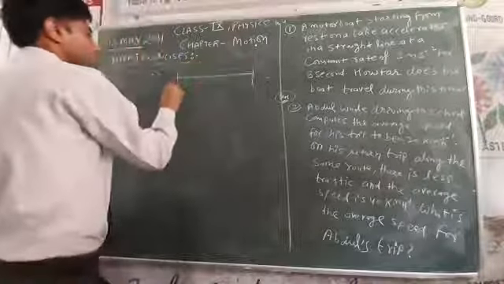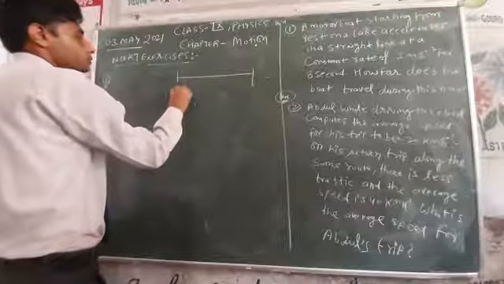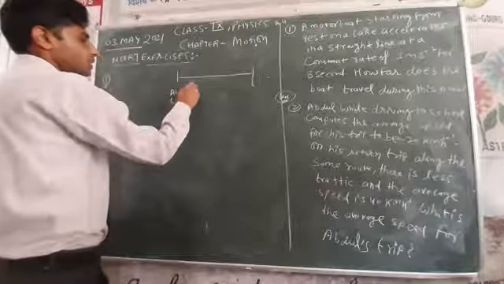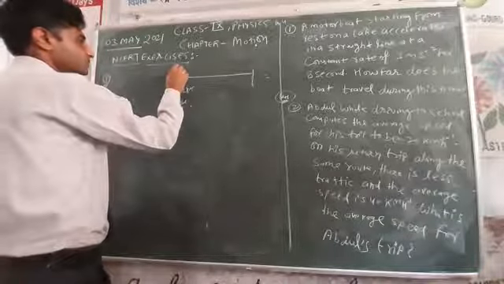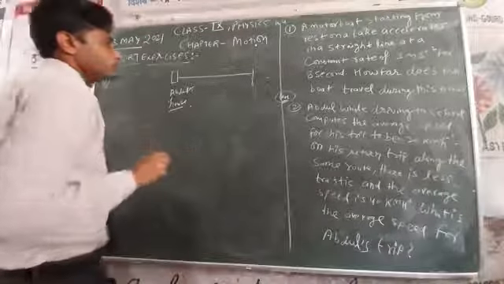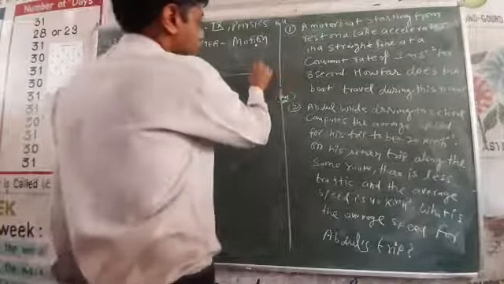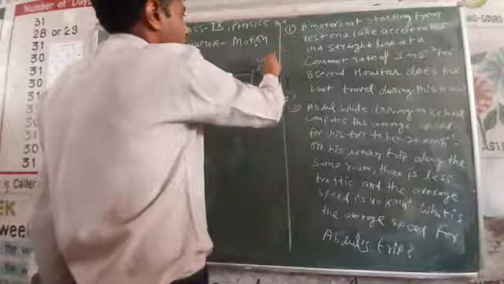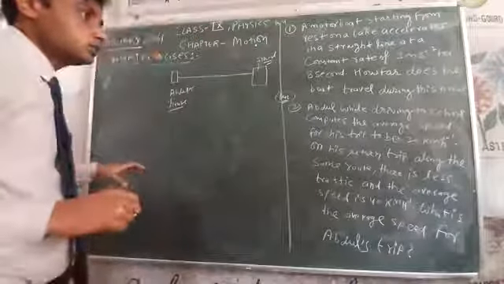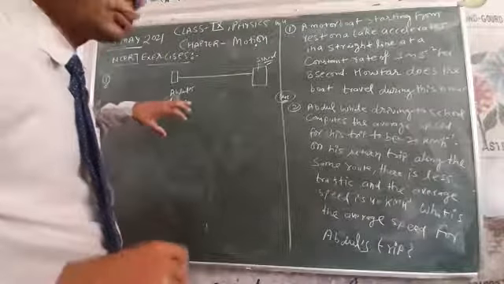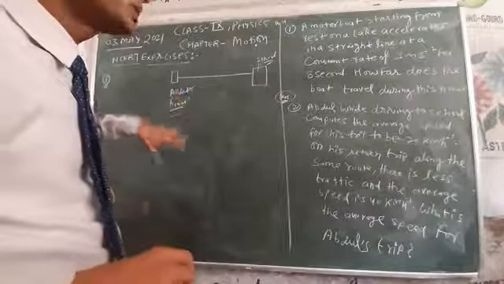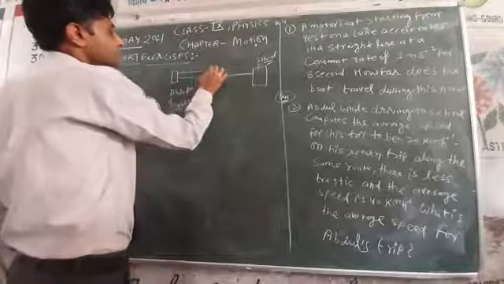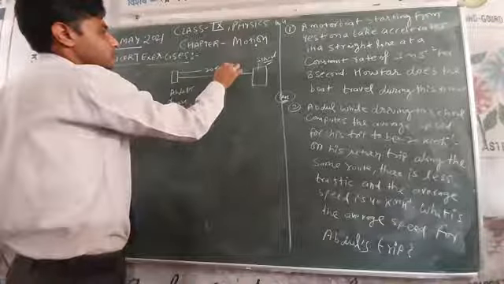This is Abdul's house, and this is the school. So Abdul driving to school, the average speed for this trip is 20, it means 20 km per hour.